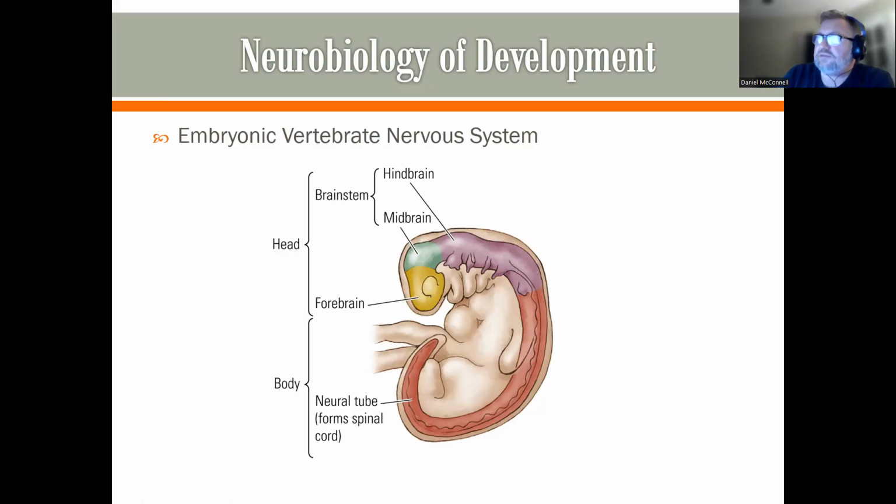So right off the bat, what I want to show you here is a drawing of a human embryo. And we see the early development of the nervous system, primarily the central nervous system is what we're seeing here. We're seeing the segments of it, right? We see in red what's labeled here as the neural tube, which will eventually turn into the spinal cord.